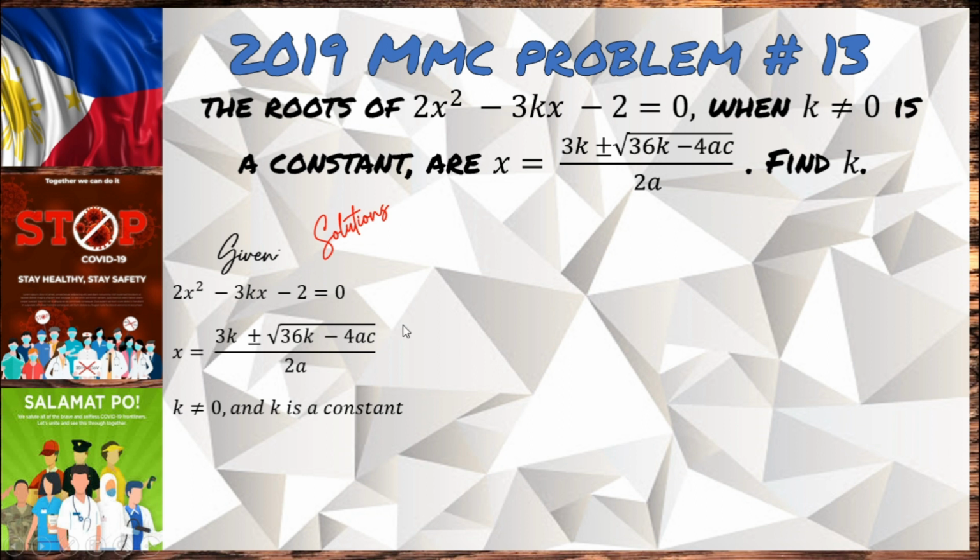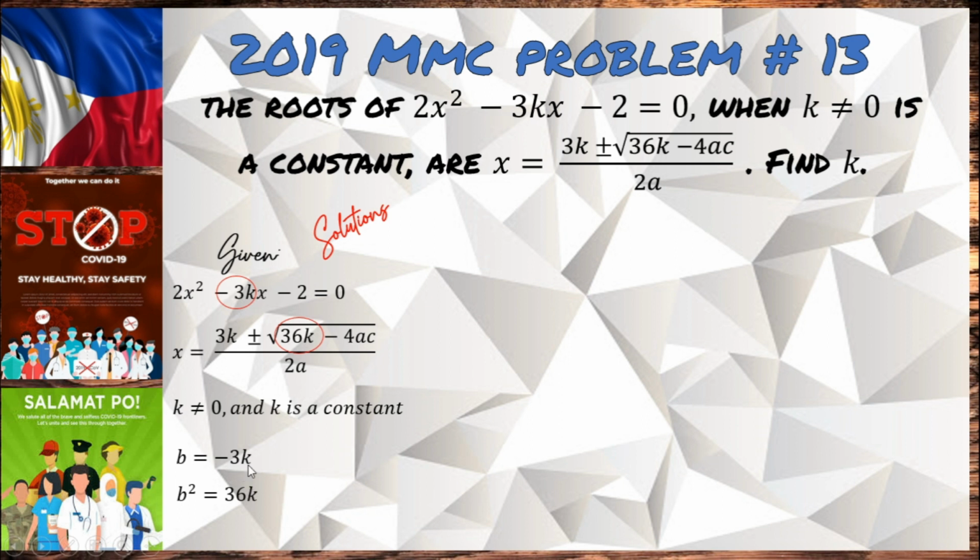If you are going to look at the given equations here, we can identify that b is equal to negative 3k and b squared is equal to 36k. Why is 36k b squared? You can still recall the radicand, or the expression inside this square root, is actually b squared minus 4ac. That is from the discriminant. So that is why b squared is equal to 36k.